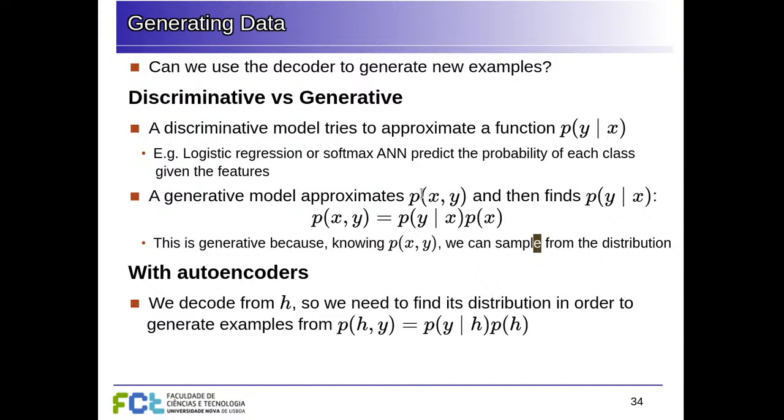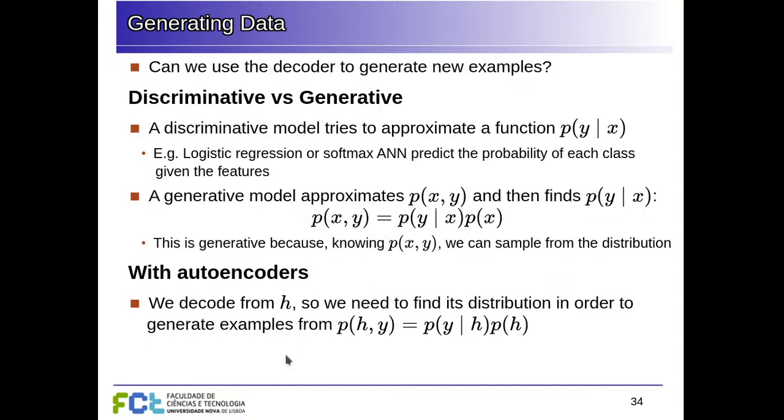So we could compute the joint probability of classes and examples, for instance, when we use the naive Bayes classifier or something like that, and then we could find the conditional probabilities just by multiplying or dividing the joint probabilities by marginal probabilities, or finding, for example, the class which maximizes the joint probability, like we did in those generative models. But the idea is that now we are trying to find the joint distribution and not just the conditional probabilities.